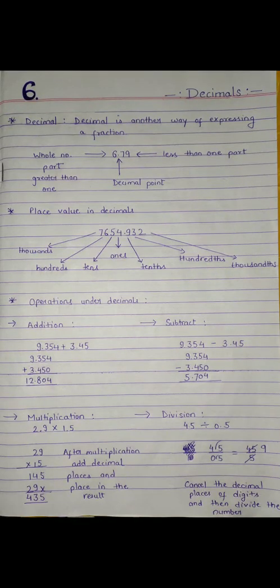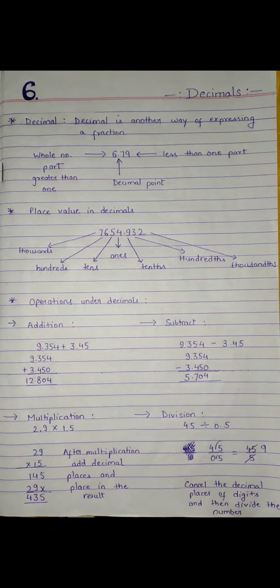While doing multiplication and division, you can forget your decimals for a while. Solve the numbers normally as you do without decimals, and after solving and getting a result, you can place the decimals in the exact place by adding the count of the decimal places.